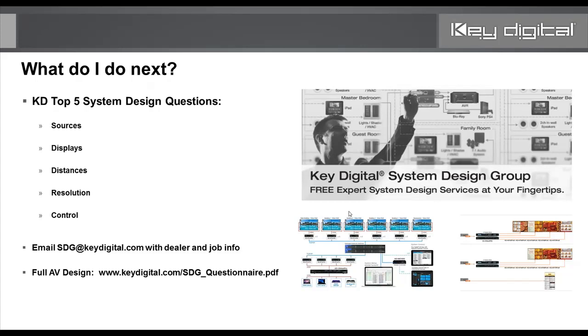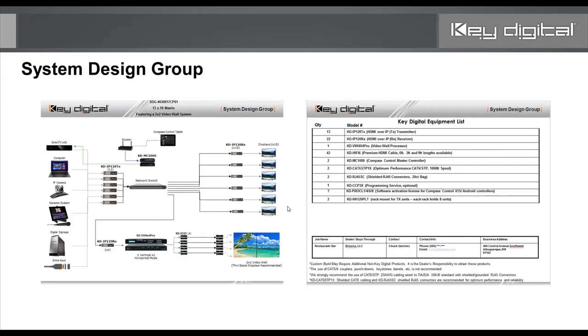And don't forget about our system design group. You could submit your questions to sdg@keydigital.com, where we give you a really nice, simplistic, very user-friendly design. So it really is a very useful tool for your presentations or your meetings with your clients, to help show them how all this video stuff works, how it's all connected, perhaps justify some of the price point for some of this stuff.